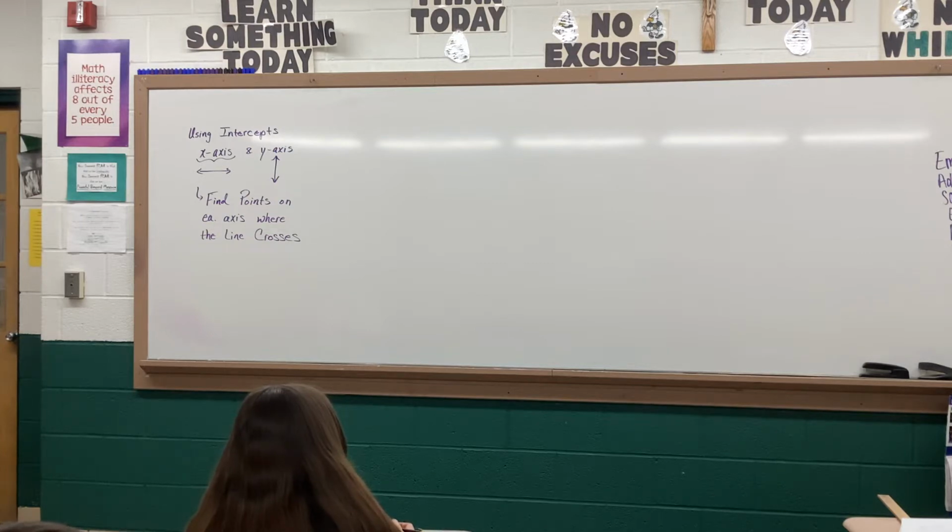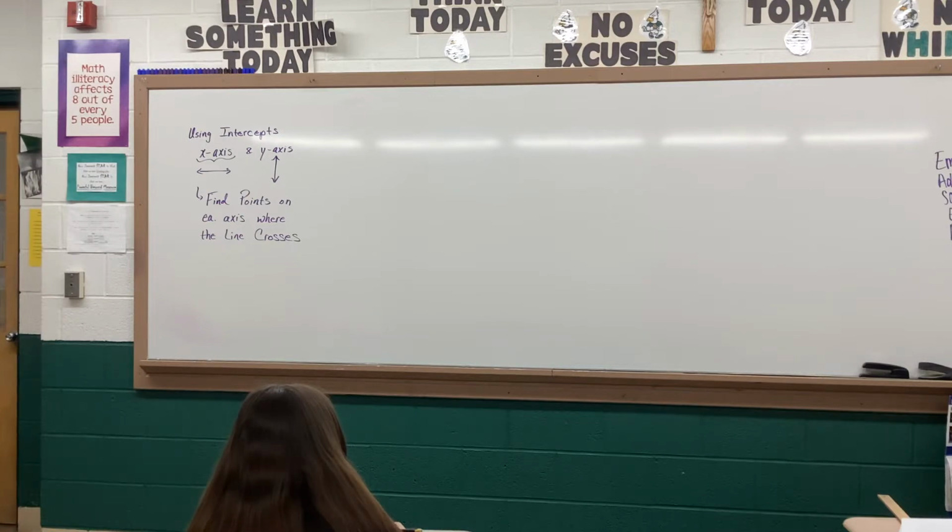Okay? So, if we're going to talk about an axis, what is true if I have some number that is on the green line? What has to be true about that point? Any point on this green line has to have what as a part of it? Let's pick a point right here.